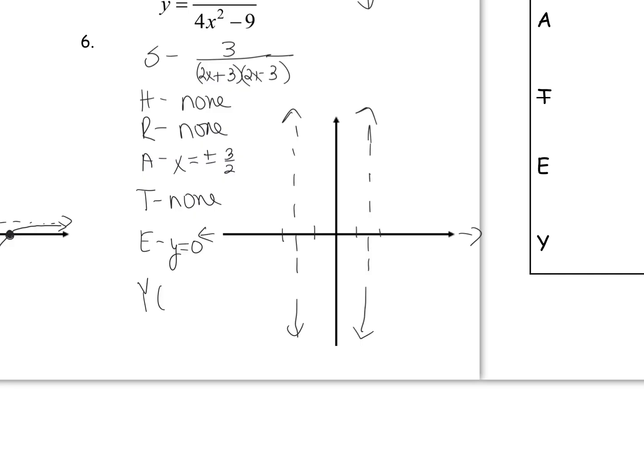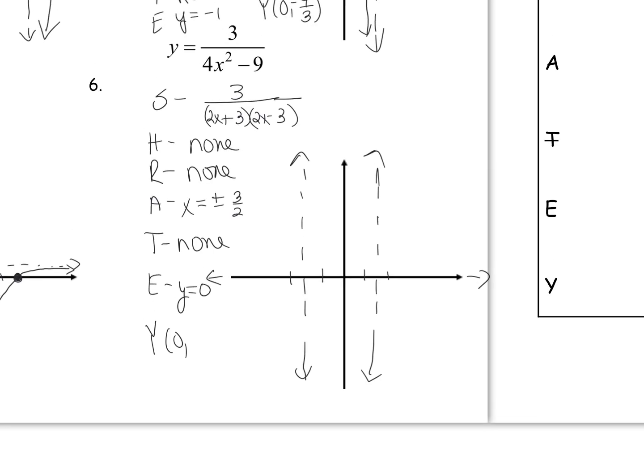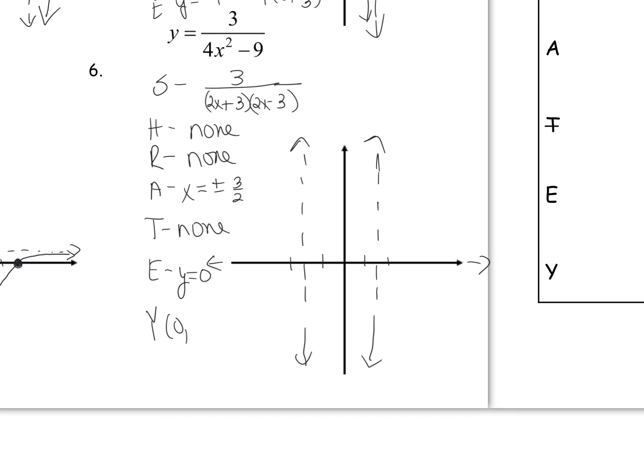And then y-intercept: if I plug in 0, what do I get? So this right here. Okay, let's start with the middle. I have a y-intercept. Do I have any roots?